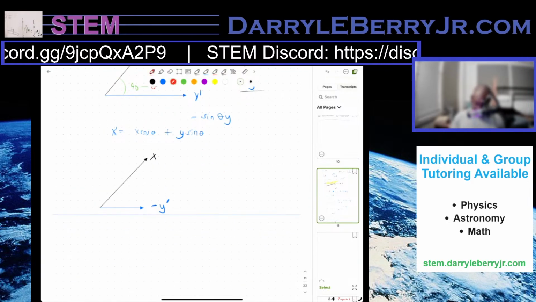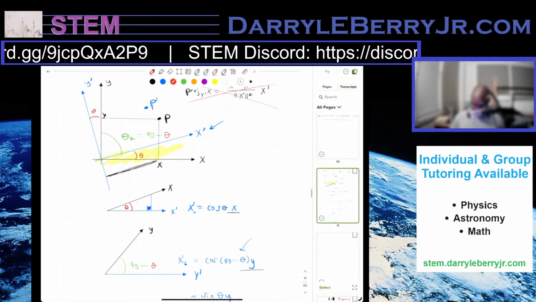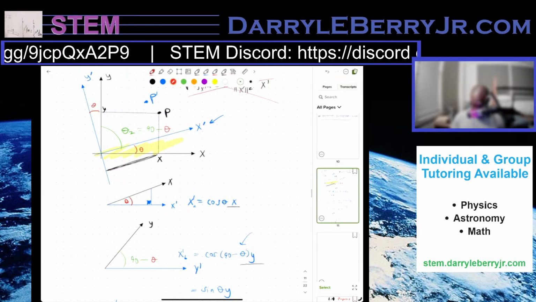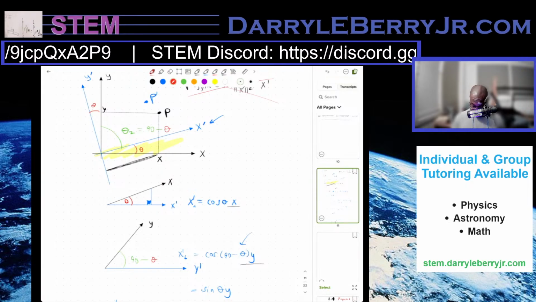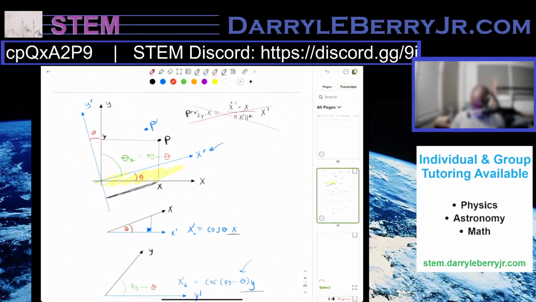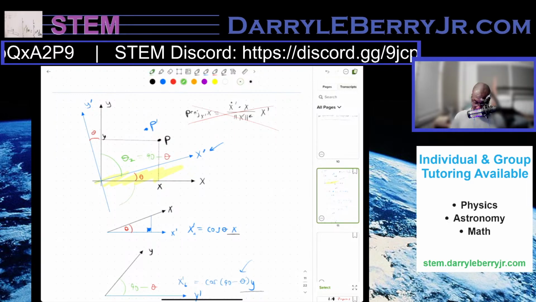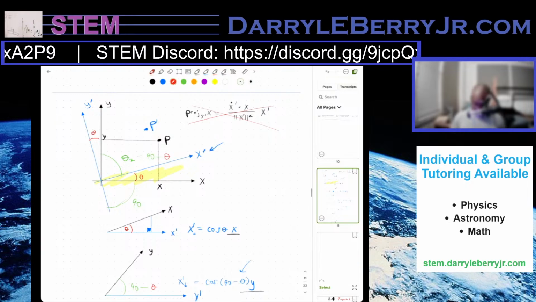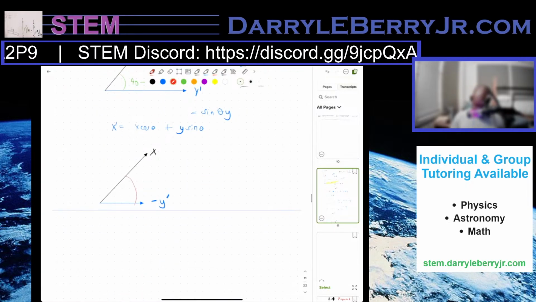So when I make my triangle here, keep in mind this angle here is going to be 90 minus theta. So that means that that's this angle here.